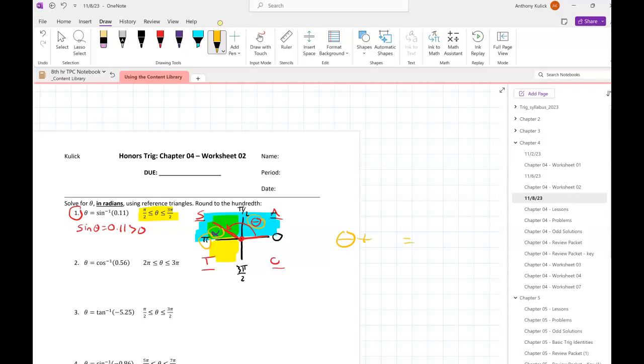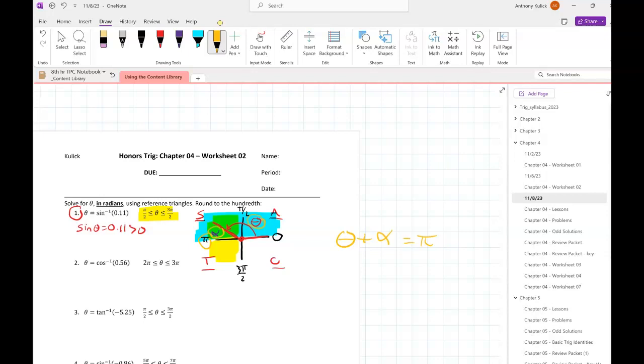So theta plus something else has to equal pi. How much further does theta have to go to get to pi? Alpha, right? That's what we labeled there. So far, so good.